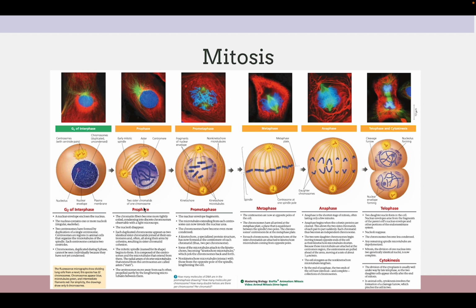But now we're moving on to prophase. So in prophase, we're just kind of nearing division again. So we're going to be condensing our chromosomes. There's going to be no nucleoli.